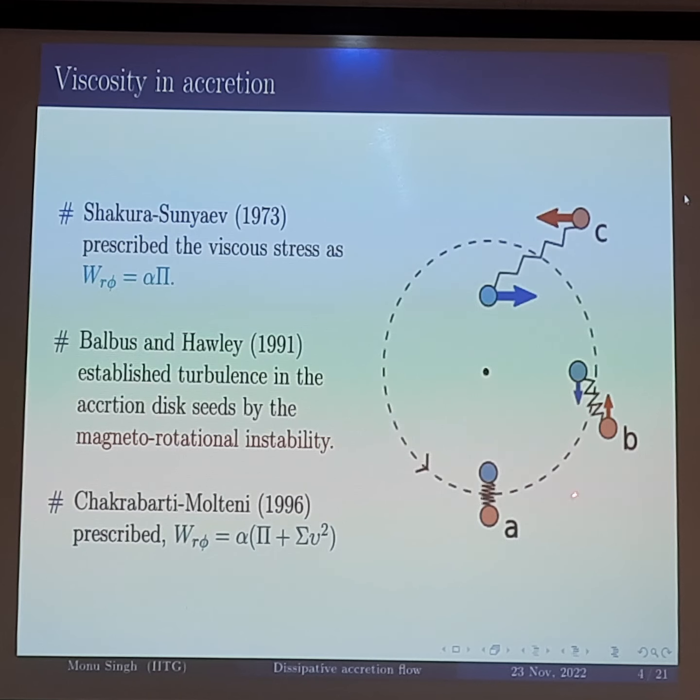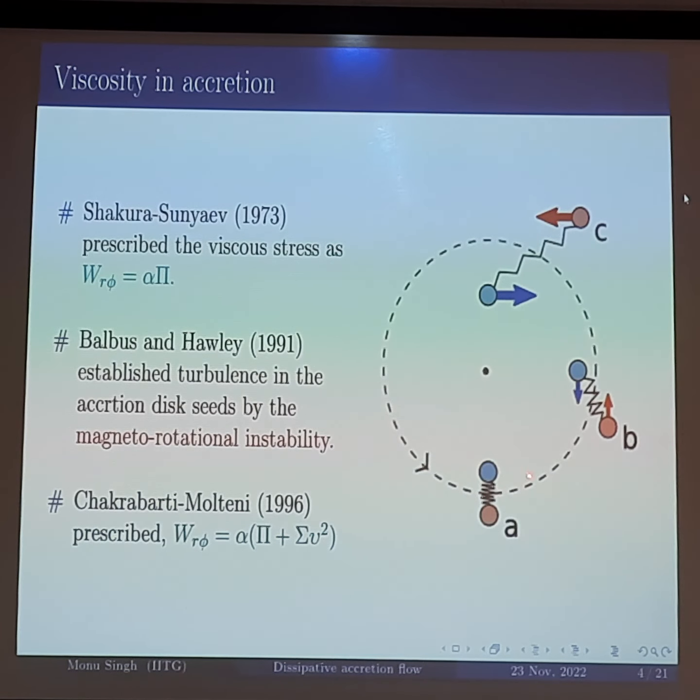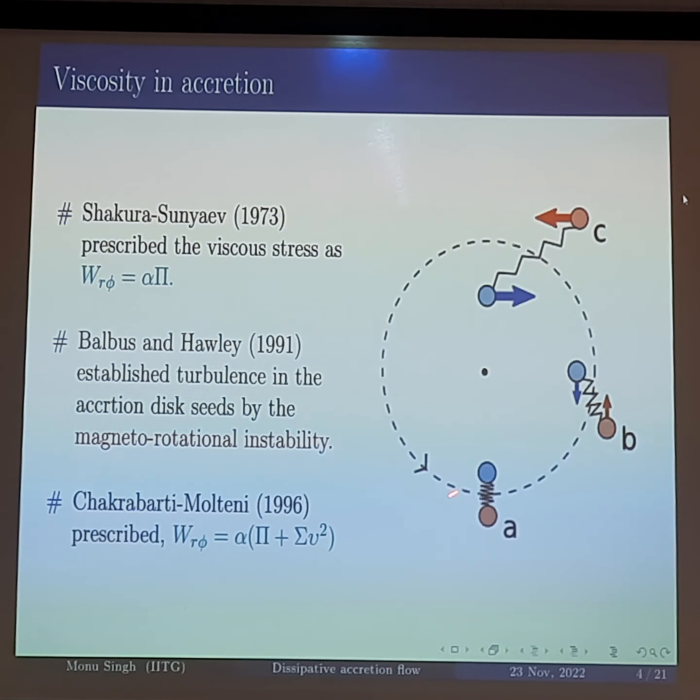Since there is differential rotation, the inner one goes with higher angular velocity than the outer one. With a little perturbation, the inner one wants to go inward, but the rubber band tries to pull it back. By that mechanism it loses momentum and the outer one gains momentum. So the inner one goes further in and the outer one goes further outward. This way angular momentum is transported in the flow.